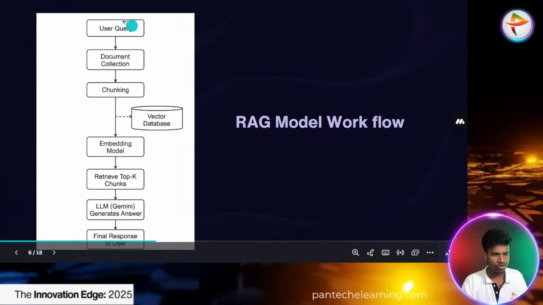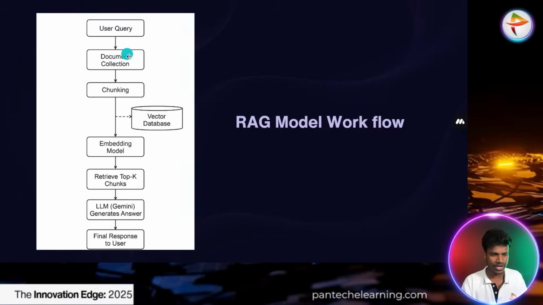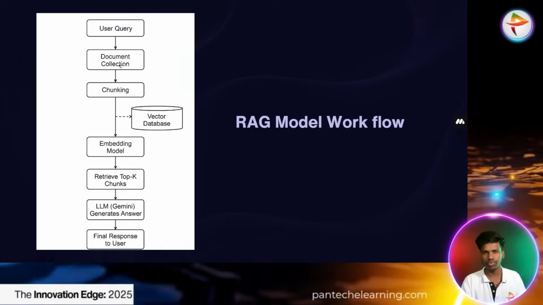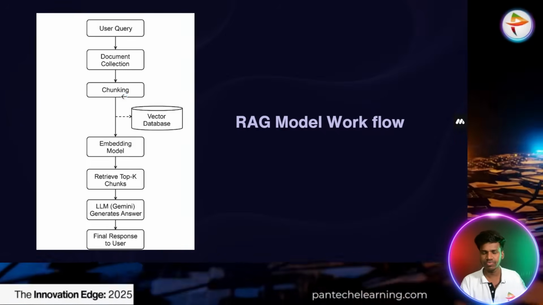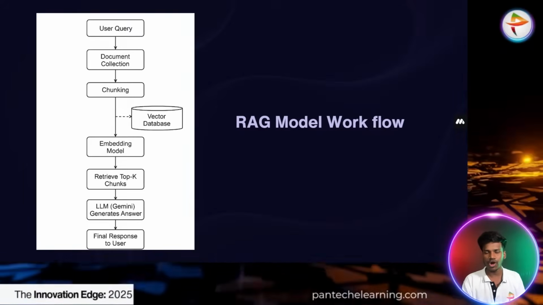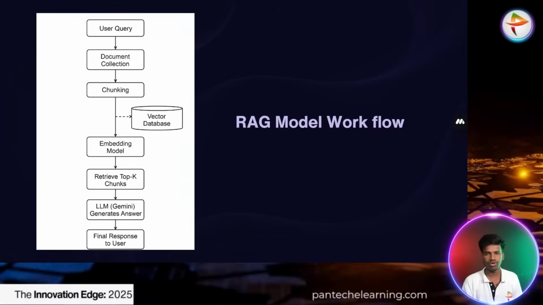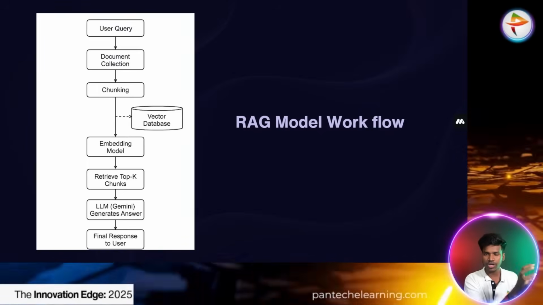Okay. User query: once the user query enters the RAG model workflow, the document collection, the outsourced documents, we have to embed here. The chunking was already discussed last session, where I gave an explanation on one website. Every document is separated chunk by chunk. So when the first chunk ends, the second chunk continues from that last ending word.